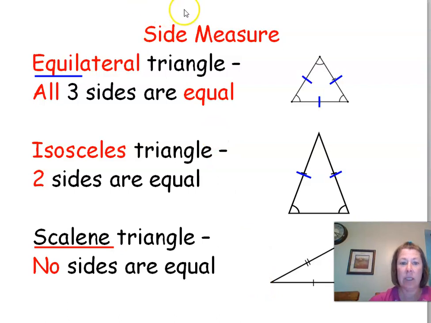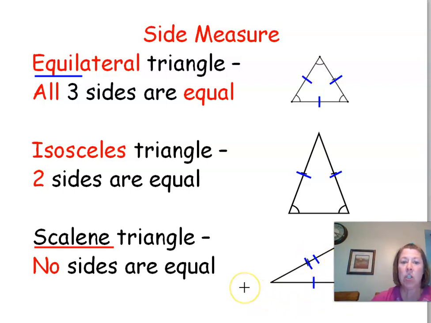So again, you'll see it here in the scalene triangle. One little tick there, 2 here, and then 3 here. I'm just kind of highlighting them with another color, which shows that each of these sides is a different measurement.